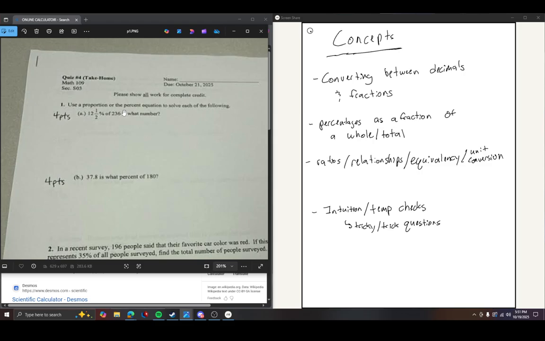Another concept I thought was ratios, the relationships and equivalency questions, and finally there's unit conversion stuff at the end. Those all play into each other. The last thing I picked up on was that there's a couple of trick questions, and some were a little tricky on this test.